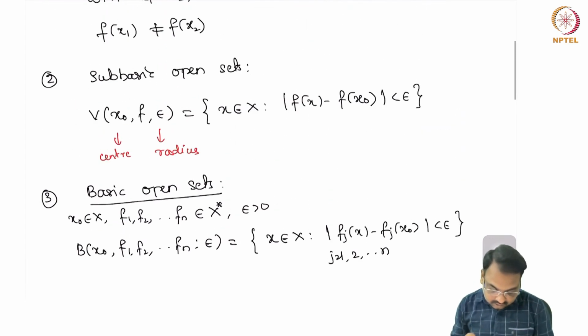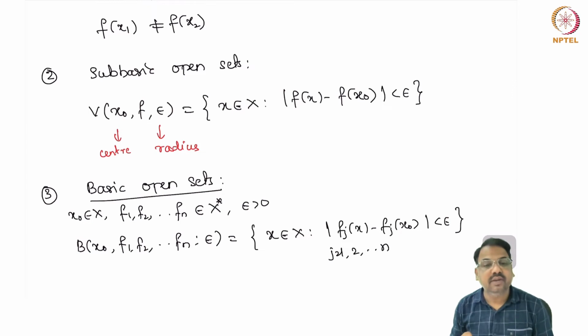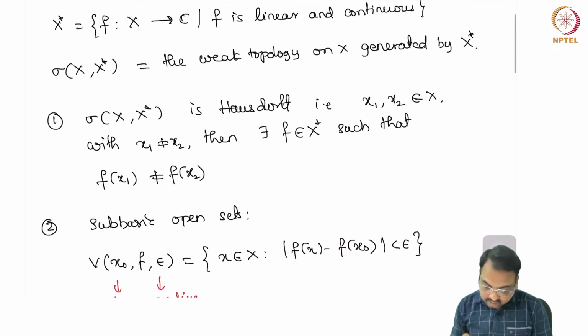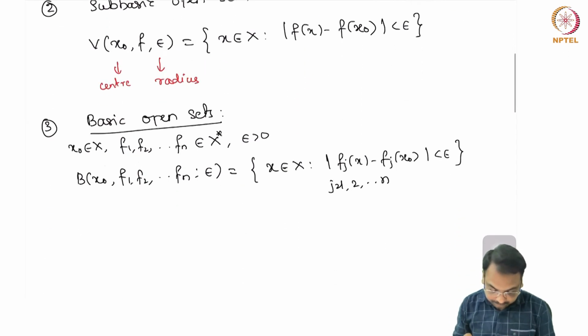Okay, now using this definition of sub-basic open sets and basic open sets, and using the Hahn-Banach theorem that we have stated in the first statement, we can conclude that sigma(X, X star) is a Hausdorff space.